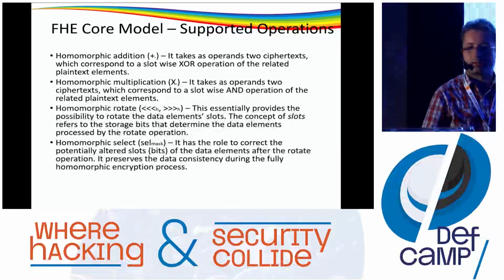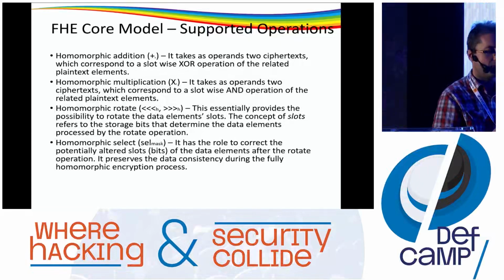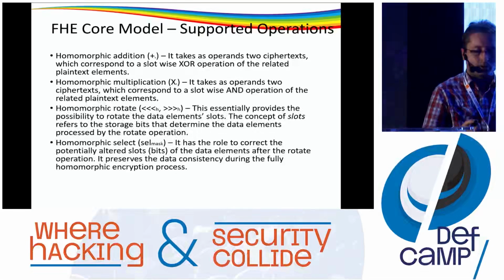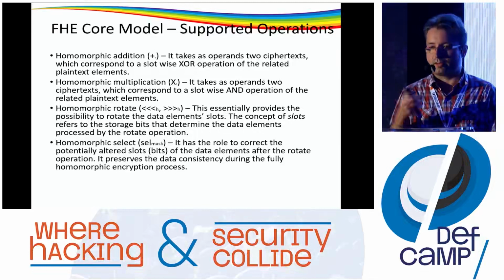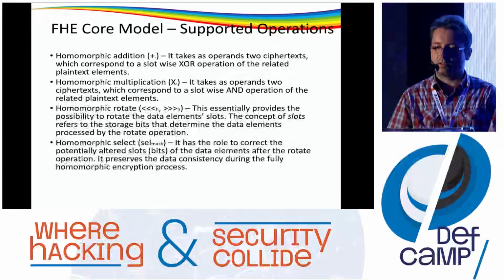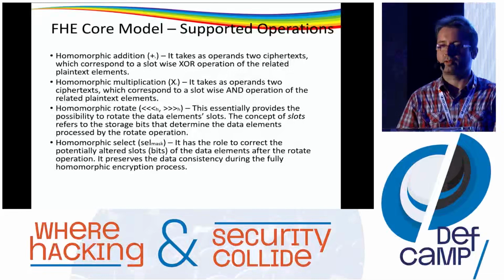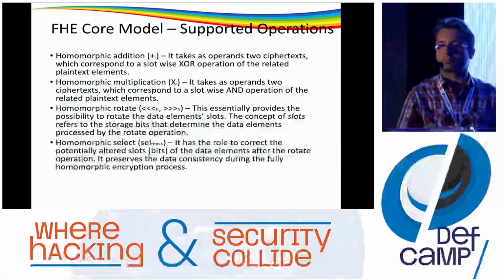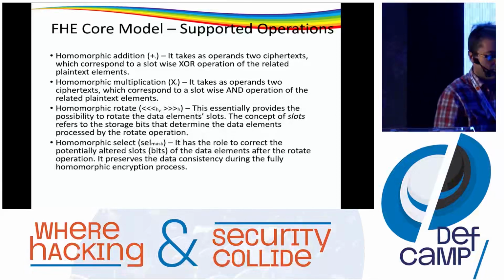Therefore, we introduced in our system two more operations. These are homomorphic rotate, which basically allows us to rotate the bits of the data in such a way that the level of the noise is kept to a normal level, so not to reach the threshold.